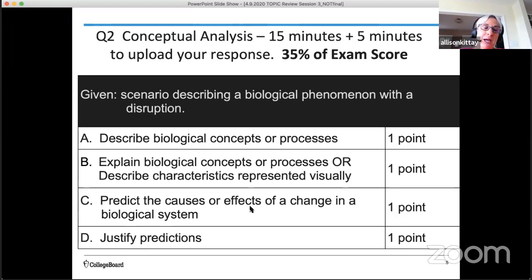So in the first part, you'll be asked to describe biological concepts or processes. You'll be asked to explain biological concepts or processes or describe characteristics that are represented visually.